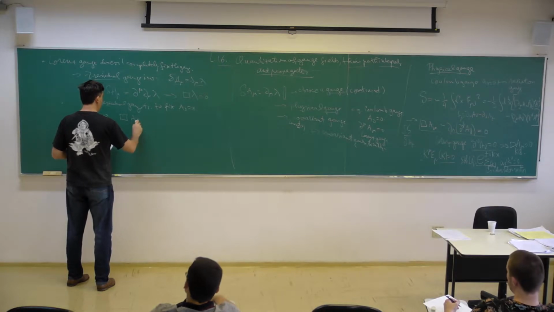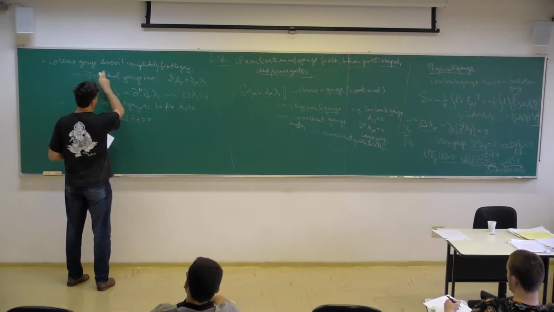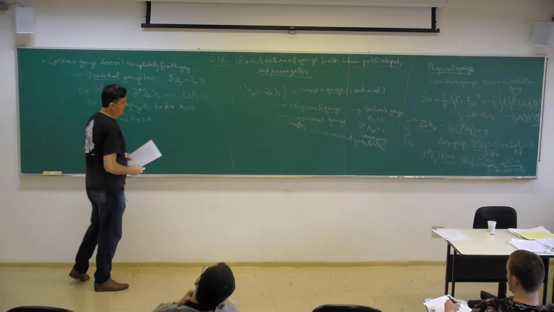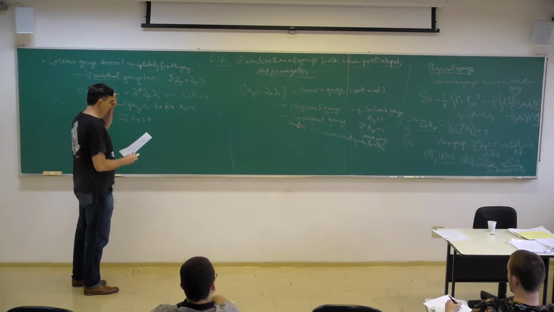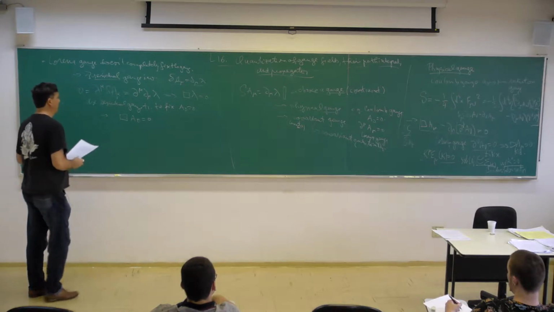I note that in the Lorentz gauge I have the Klein-Gordon equation. So for the field I have box A_0 equal to 0, right?